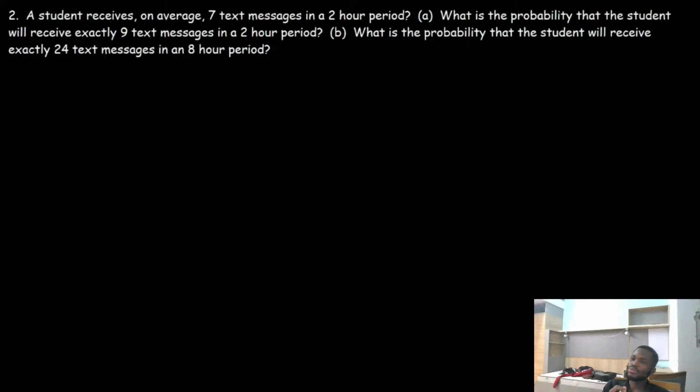What is the probability that the student will receive exactly 9 text messages in a 2-hour period? So what do you think we have to do in order to solve this problem? Go ahead and try it.